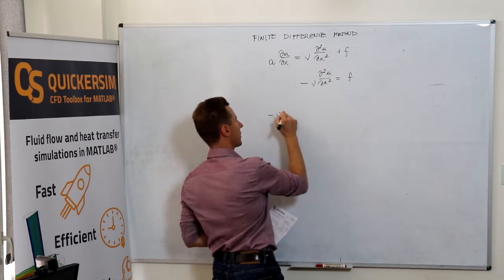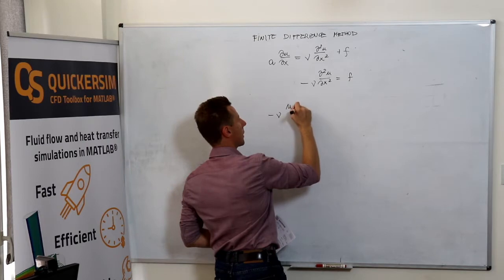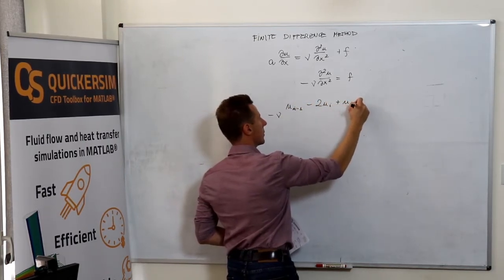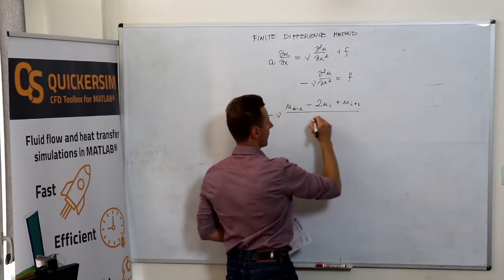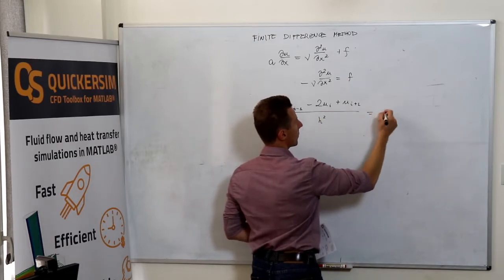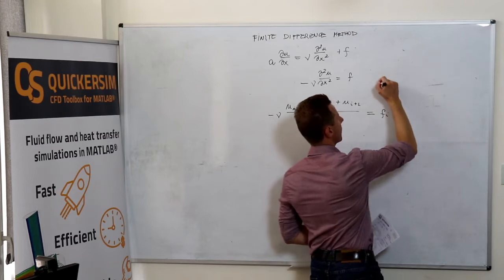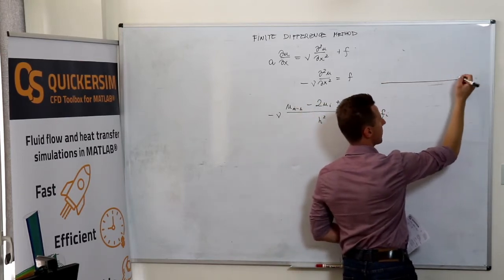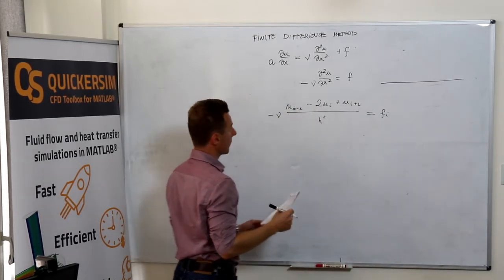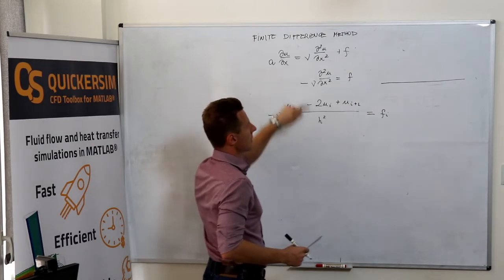So we can do it this way: u at i minus 1, minus 2 u at i, plus u at i plus 1, divided by h squared equals f at i. And we need to have some boundary value problem that we're going to solve, and our boundary value problem, let's assume, is defined by this equation.